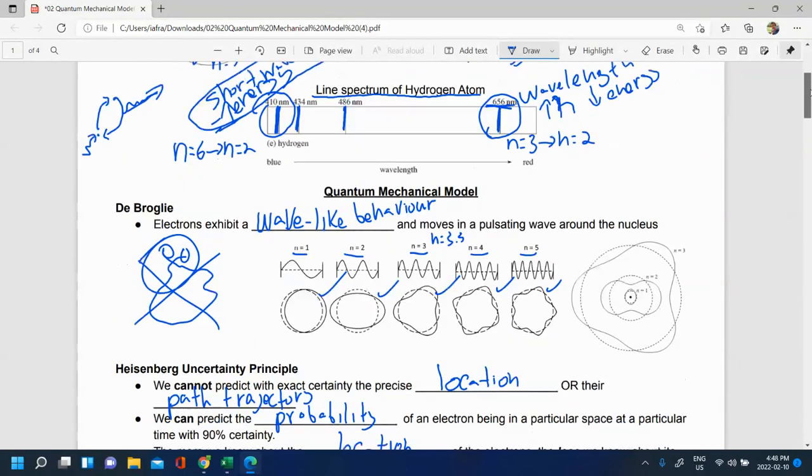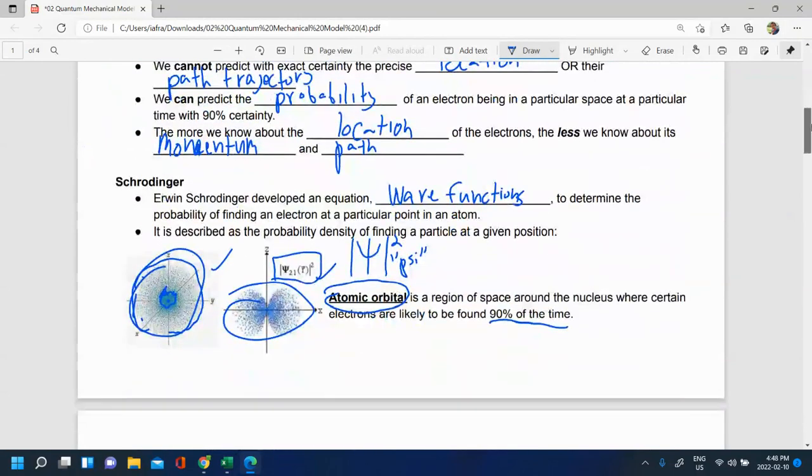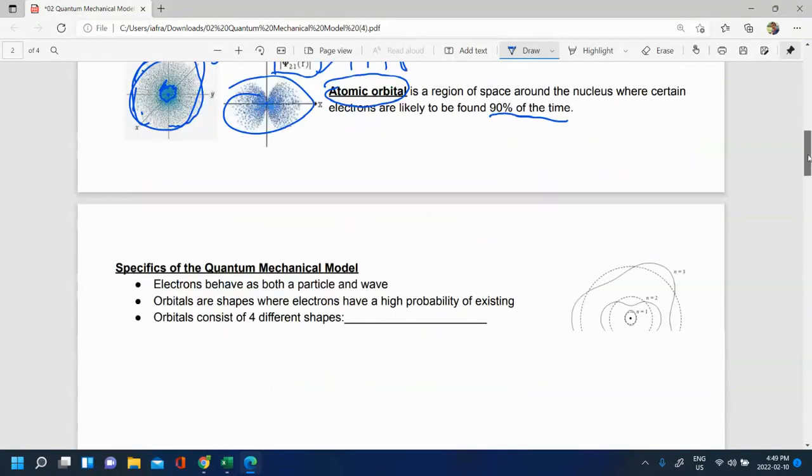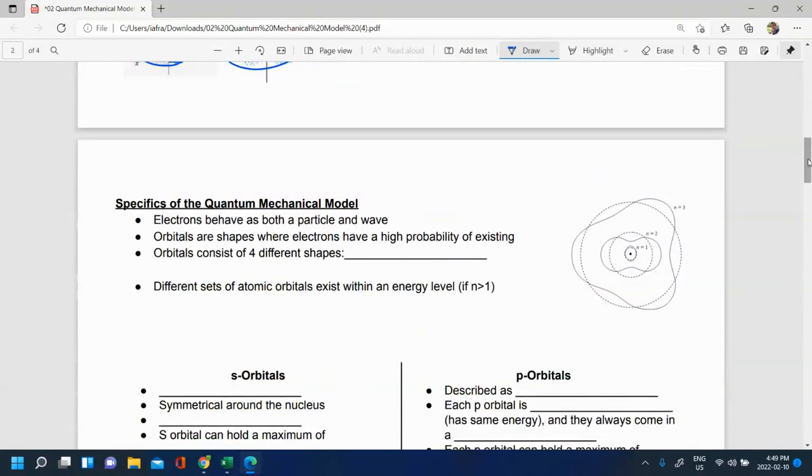Thanks to de Broglie and Heisenberg, Schrodinger was able to create those fancy equations to give us a model of the atom that takes into consideration probability and the wave nature of electrons, and no longer breaks Heisenberg's uncertainty principle, and that's the quantum mechanical model. So our electron's a particle and a wave, and electrons can exist in these probability regions in space that we call orbitals.